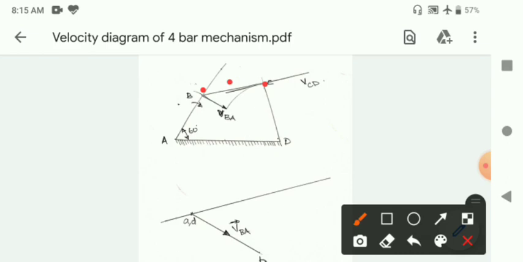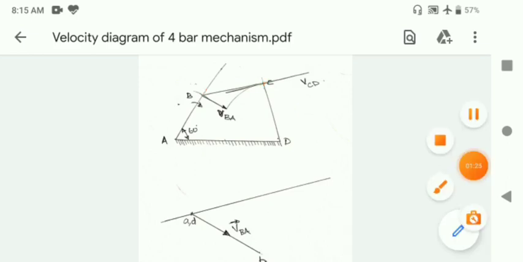The case of BC is similar to that of CD. We don't know much regarding the magnitude or direction of velocity. But here also we know that the line of action of velocity will be perpendicular to BC.